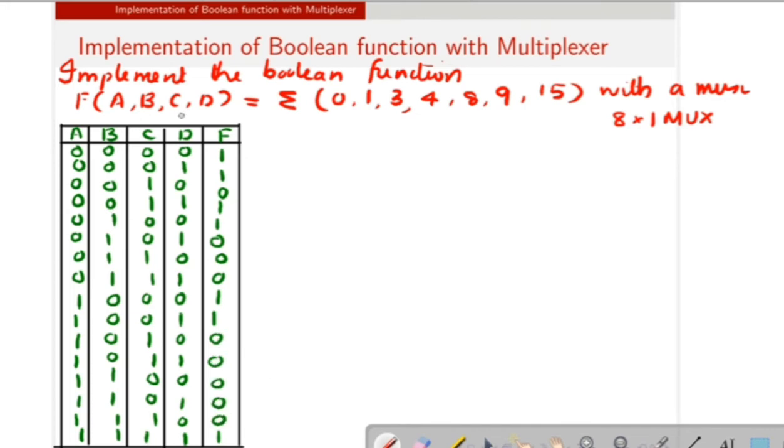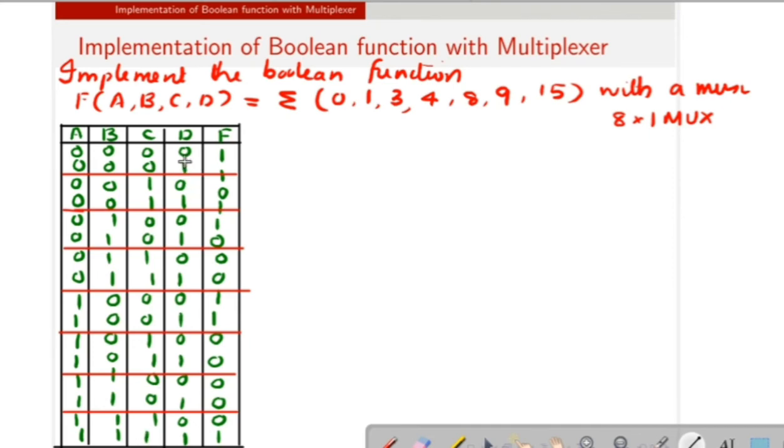Okay. So here I select first 3 inputs, that is ABC, as the selection lines of the multiplexer. So ABC may be 000, 001, 010, 011, 100, 101, 110 and 111.